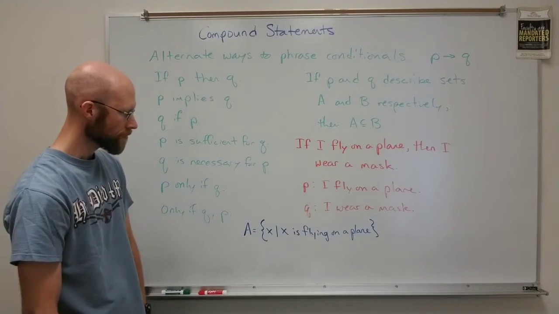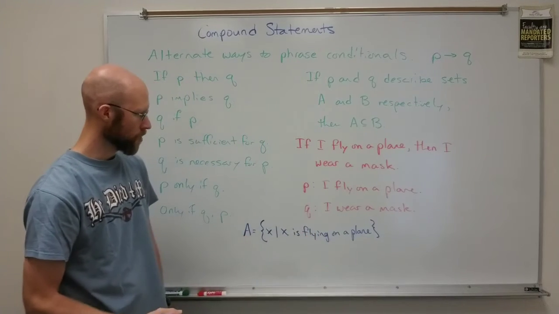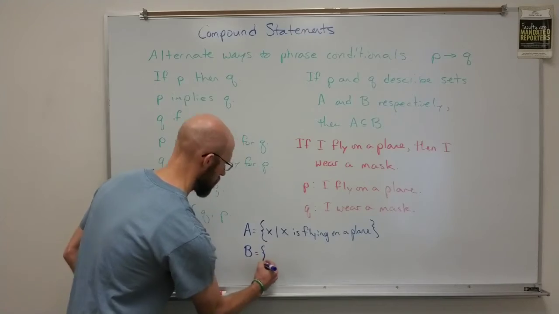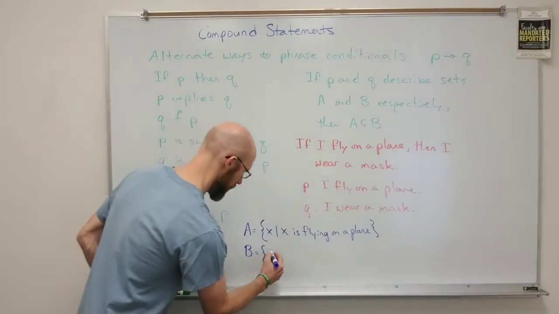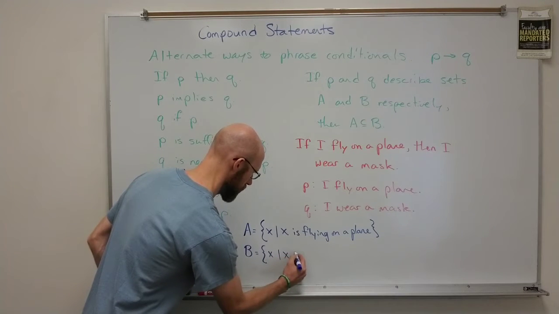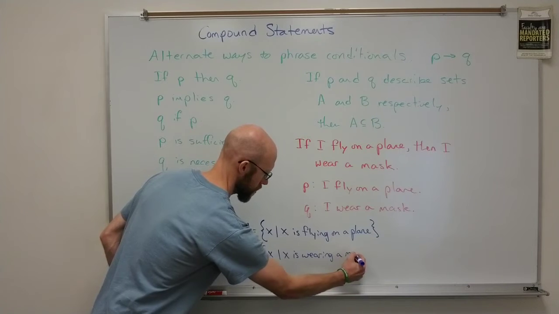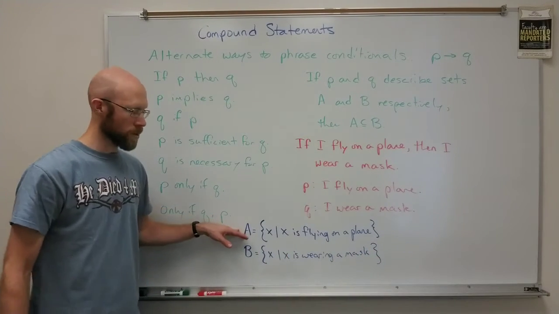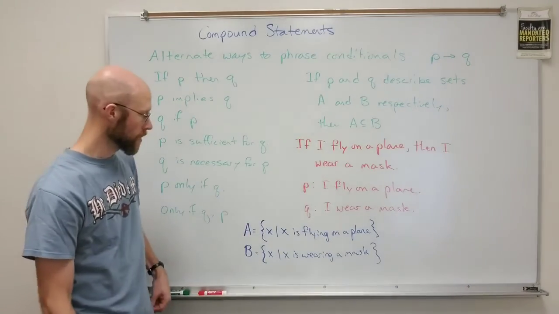Okay. And then you consider the set B to be all the people wearing a mask, right? So X such that X is wearing a mask. So P describes the set A, Q describes the set B.